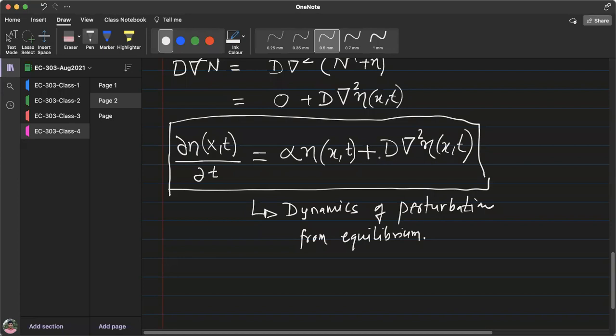Not necessarily always, it depends on the concentration differences. But what if the local decay, because alpha is negative, is compensated by the diffusion from neighboring sites? So is it possible that a mean field stable equilibrium becomes unstable because of diffusion?